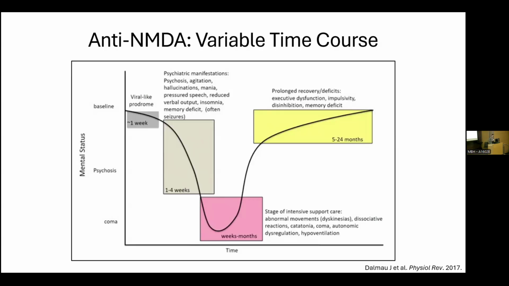And so really trying to set expectations with the family ahead of time, I've found to be really important. And then even in the outpatient setting, when we see these kids, we know that there can be prolonged recovery, ongoing deficits, including memory deficits, disinhibition, attention problems, and that can last several years. So again, just trying to highlight that this can be a pretty long course.